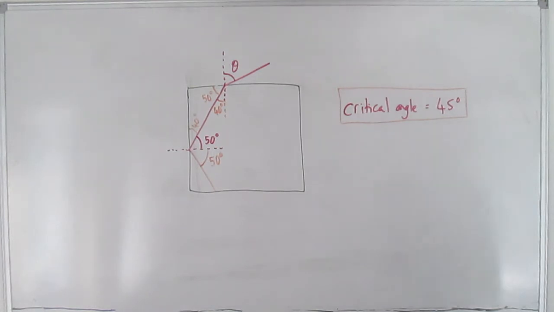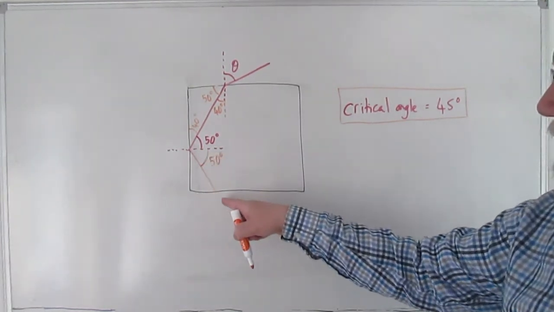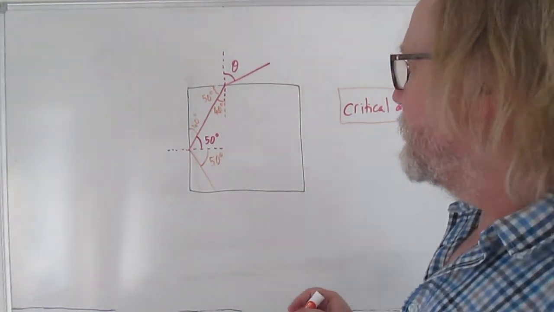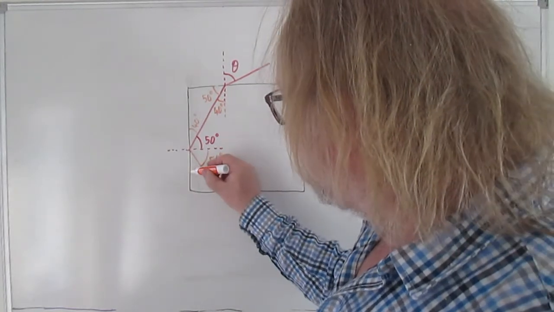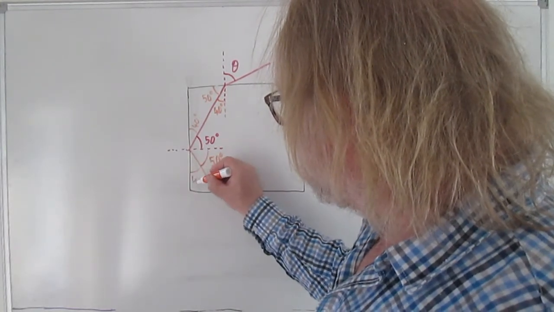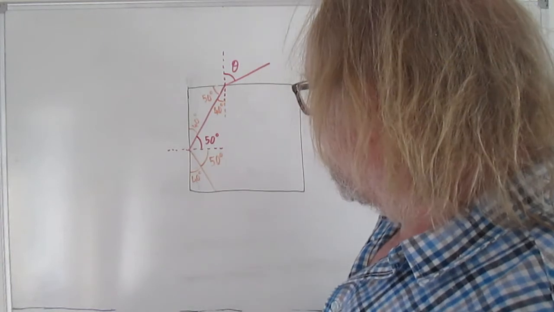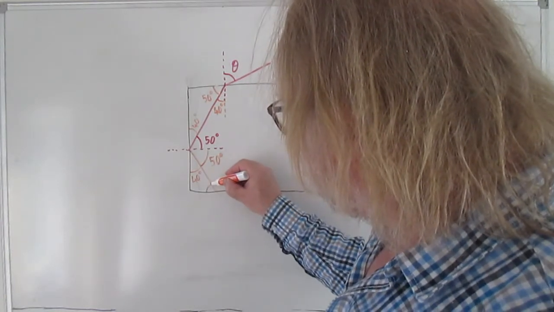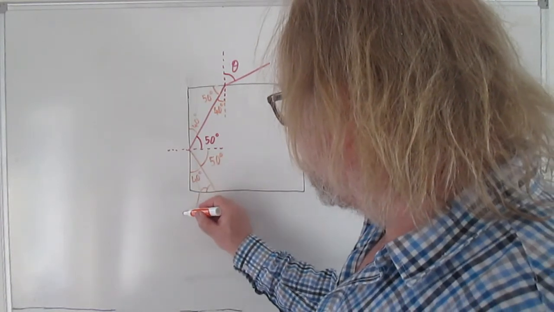in there. Okay, so now if we look at this triangle at the bottom here, again you can see if that's 50 degrees, then this is 40 degrees, and if that's 40 degrees, then this is 50 degrees.